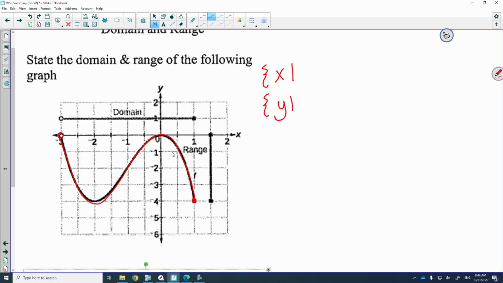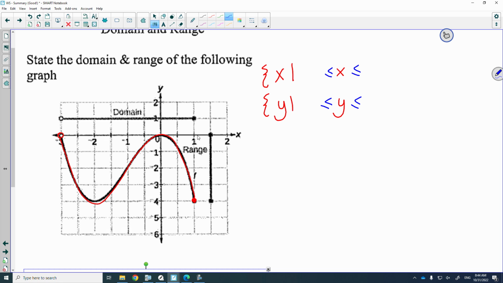Because there's a biggest and a smallest x value, I'm going to put x in the center and y in the center, and I'm going to put my inequality signs. You want to put your biggest x on the right and smallest on the left. So my biggest x value would be what?